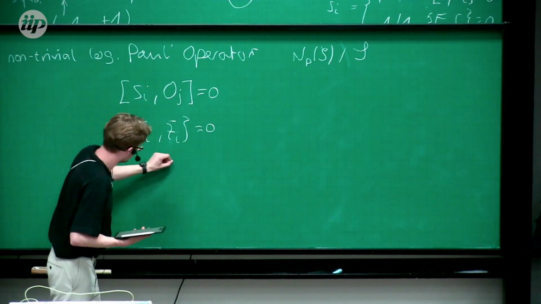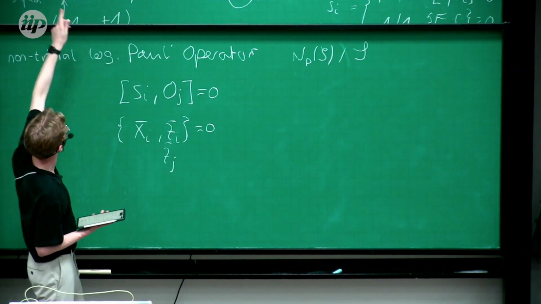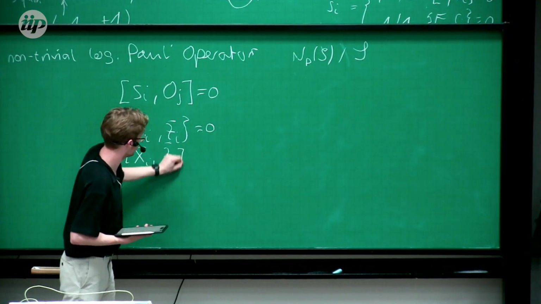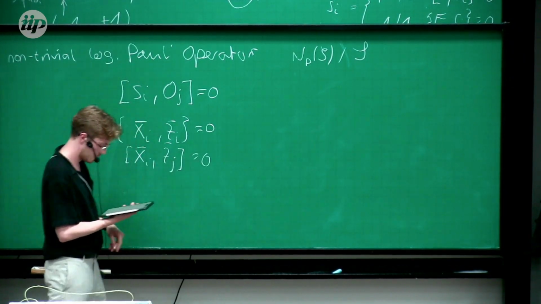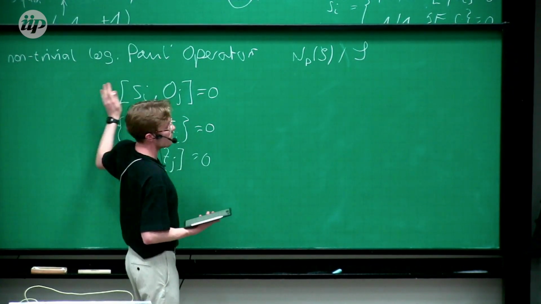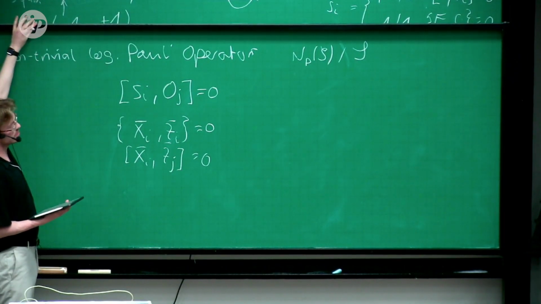But if I put a J here, so if we have more than one logical qubit, so if k is larger than 1, then they will commute. Okay, this was the very basic theory that we ended up with from a group theoretic perspective.